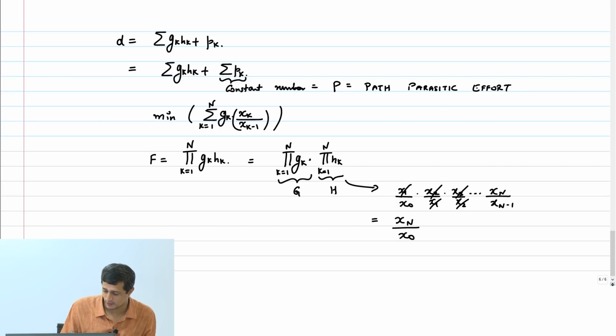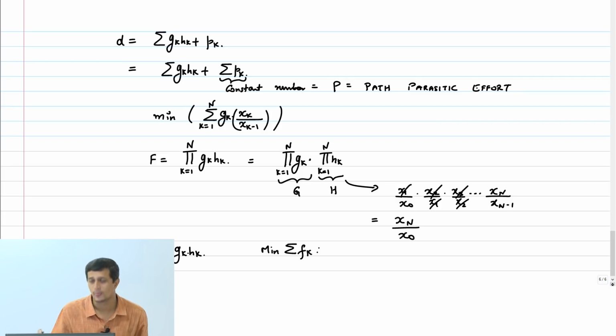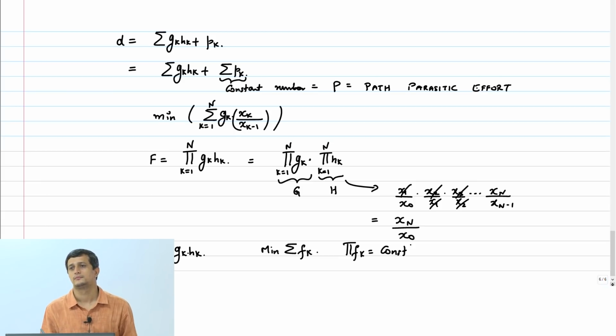Now you observe this term. Let Fk equal Gk into Hk. I want to minimize the summation of Fk, but the property of Fk is that the product of Fk is a constant, right? So what do you do now?